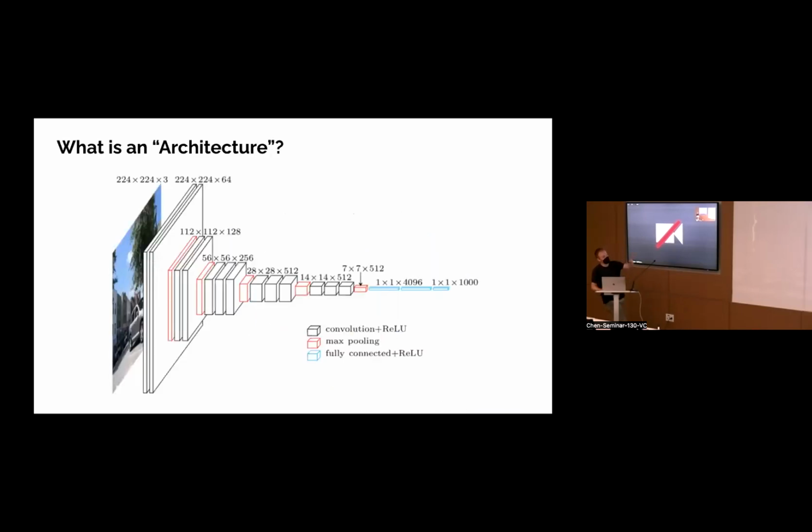So going back to this diagram of the VGG16, for the input image we have spatial dimensions of 224 by 224 with 3 channels. And then after these first layers, we now have 224 by 224 times 64 filters.